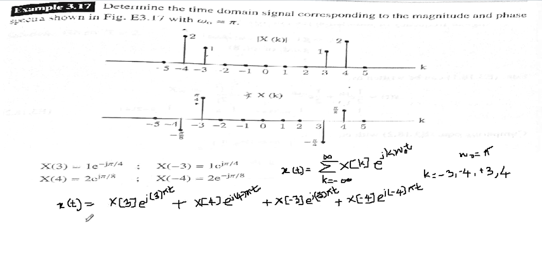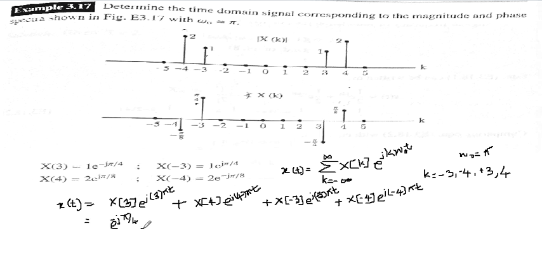When we substitute, X of 3's value is 1 into e raised to -j pi by 4. Its magnitude is 1, so there is no need to write that, just e raised to minus j pi by 4, with the minus sign.